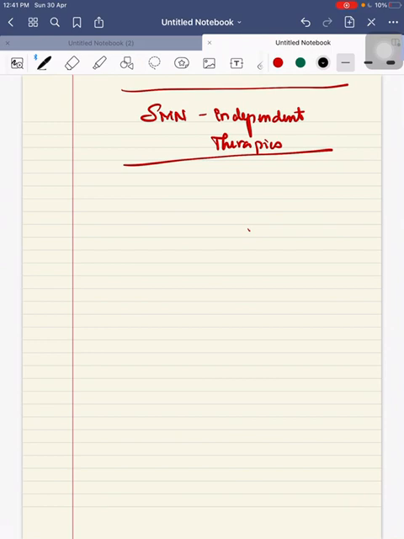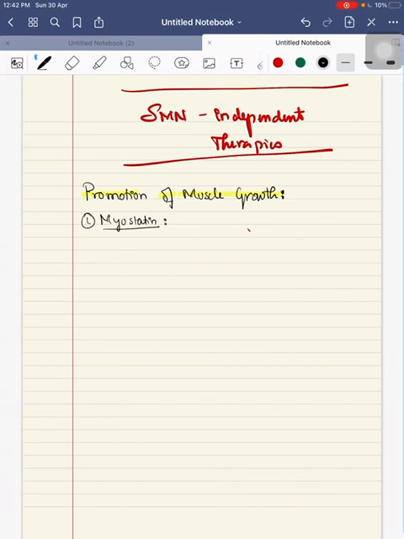In SMN independent therapies, first is promotion of muscle growth. For promotion of muscle growth, we will talk about myostatin.